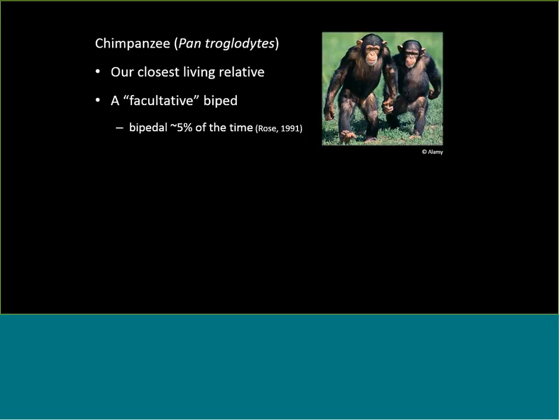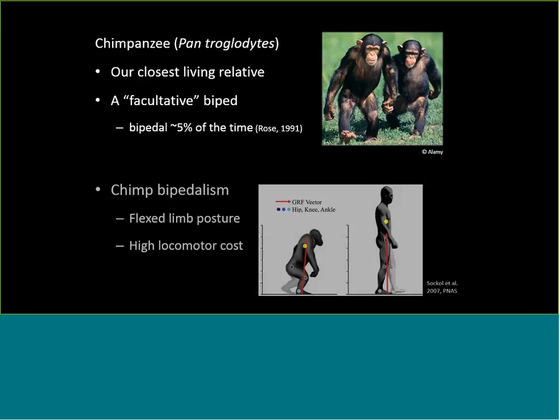So it's an activity that they use sparingly. In addition to their very different morphology compared with humans, and I'll point that out a little bit better later on, when chimps walk bipedally, they use a flexed limb posture compared with the relatively straight leg posture that modern humans use. And they have a relatively high metabolic cost of walking compared to modern humans.